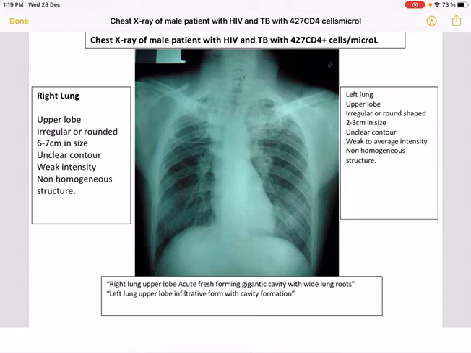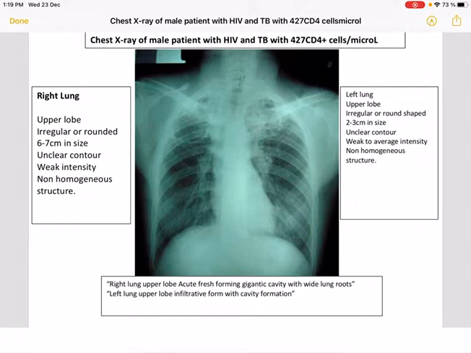Because we know that HIV is a disease caused by a virus, and this virus causes a decrease in the immunity of the body by destroying the body's immunity cells. Depending upon the CD4 count, such a patient will become more prone to different sorts of diseases.